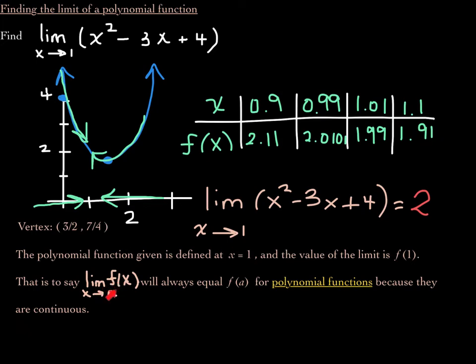Just evaluate f of a, and that will be your limit. But that's only true for polynomial functions because they are continuous. We're about to look at some other functions, like a piecewise defined function, and things will be different. But if you're dealing with a polynomial function, the limit as x approaches a is simply f of a. That's super helpful.